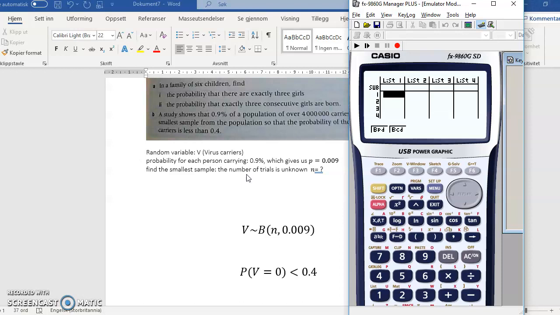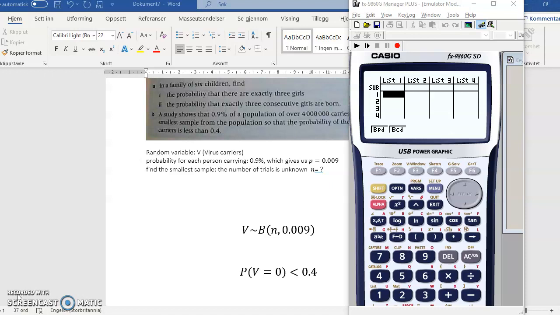The number of trials, if you try to set that as an unknown or X, and the probability at 0.009, you won't really get an answer to the question. And that's a bit of a problem here. The calculator is not going to deal with this if the number of trials is set to unknown. So you have to define the number of trials here.